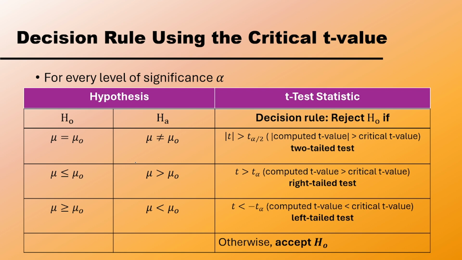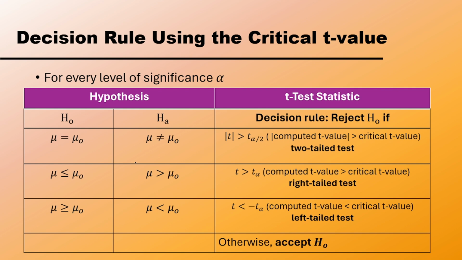Ang decision rule natin is we will reject the null hypothesis if the computed t value is less than the critical t value. If hindi ganito yung mga naging comparison natin ng computed at critical value, we have to accept the null hypothesis.